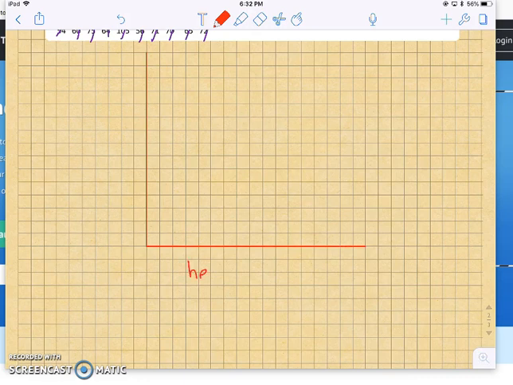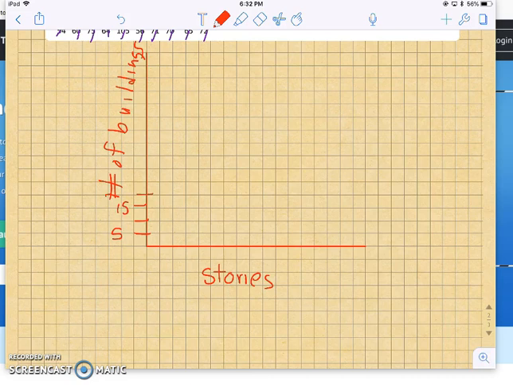Down here we can put heights of buildings, or wait, number of stories, and here we can have number of buildings. Let's count by 5. Actually, we could even count by less than that.